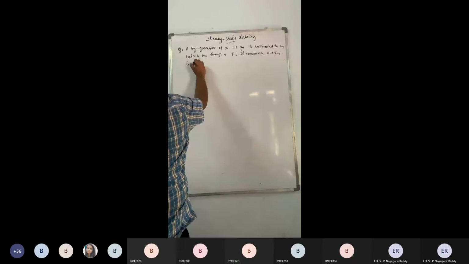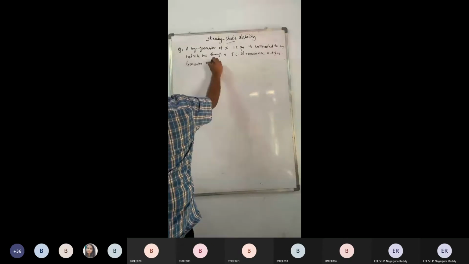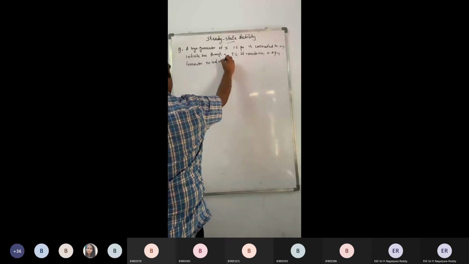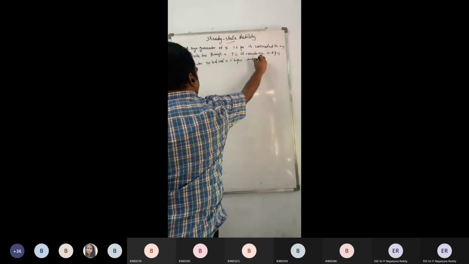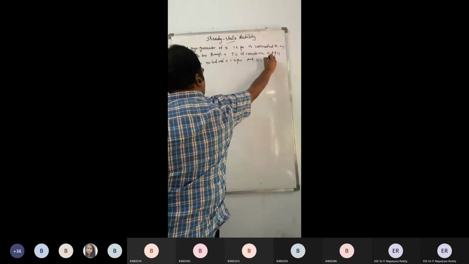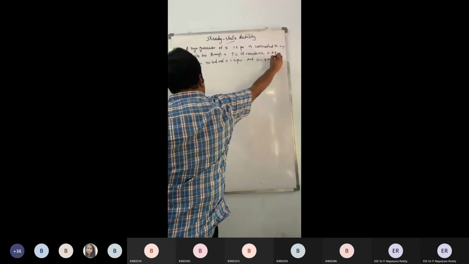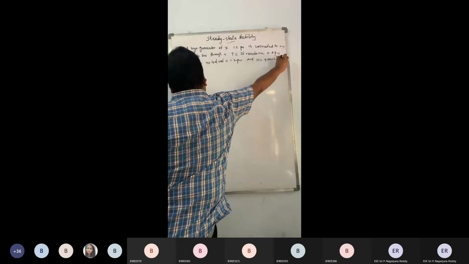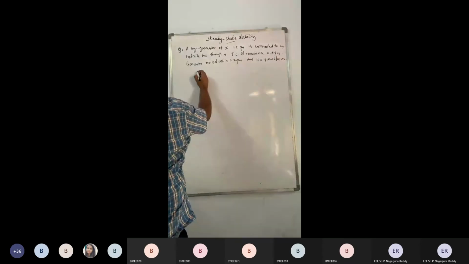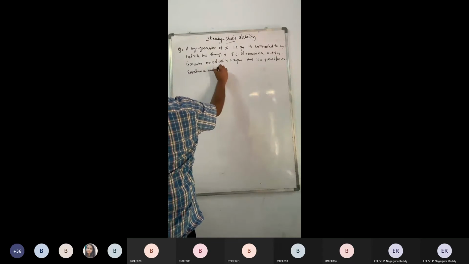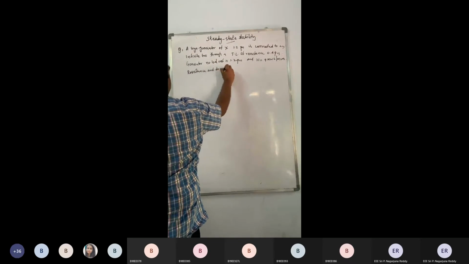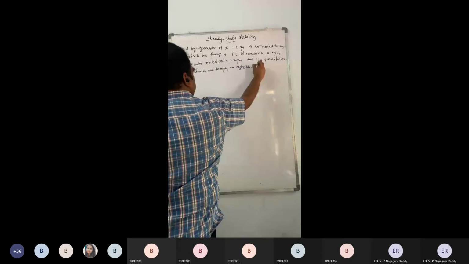Generator no load EMF is 1.2 per unit and the H value is equal to 4 megawatt second per MVA. Resistance can be negligible. System frequency is 50 Hertz.